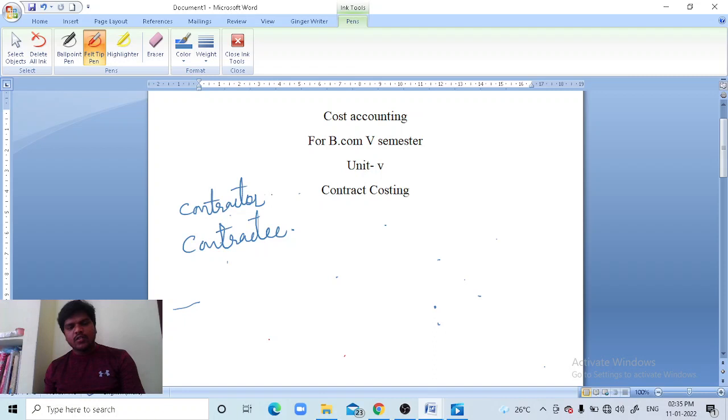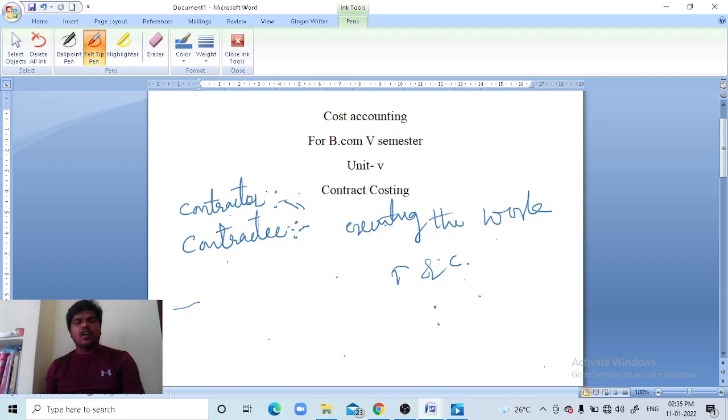Contractor means the person or party executing the work on certain terms and conditions.